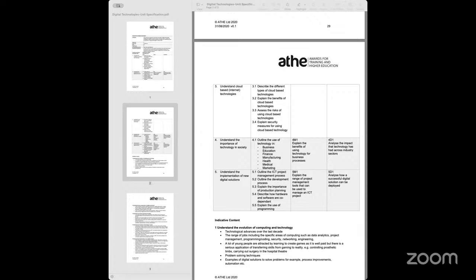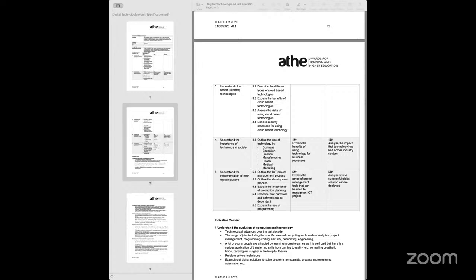The idea of these small articles or case studies is to ensure that you understand their specific functions within each of these sectors: education, finance, manufacturing, healthcare, and business. There is a lot of reading you could do, but I've tried to ensure that the reading is concise, covering these 4 or 5 specific areas.